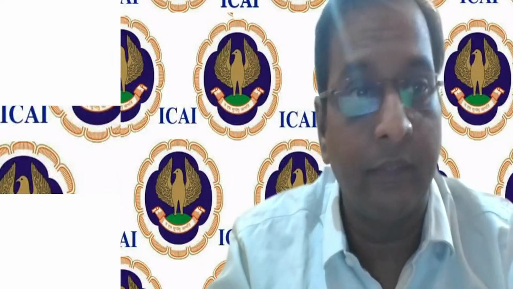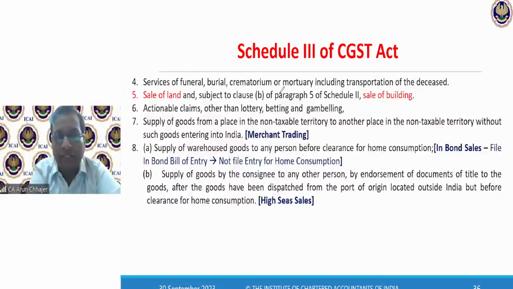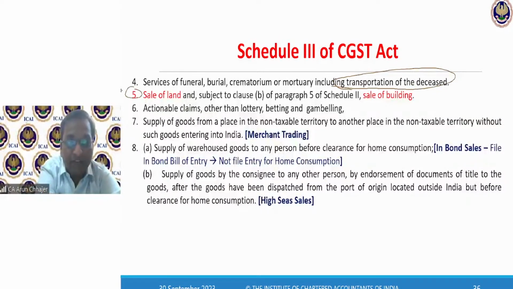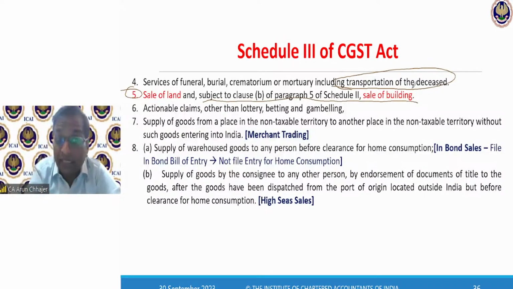Now, there are certain more activities. Let me share the screen. So, services after death, funeral, burial, etc., including the transportation of the deceased, would be considered as negative list. Para 5, we have already covered: sale of land and completed building. In short, it is a completed building. What is that?